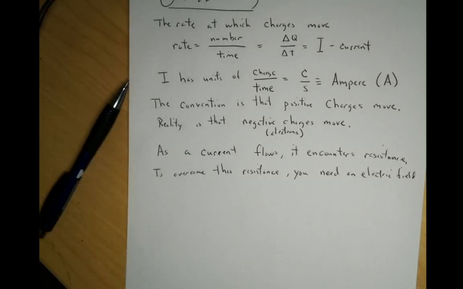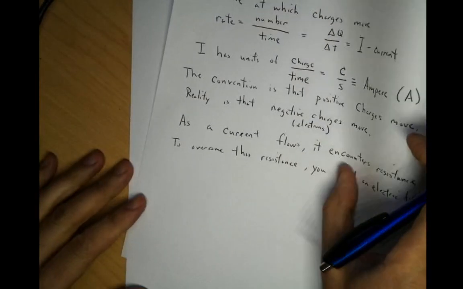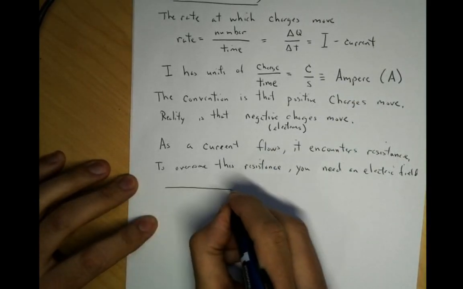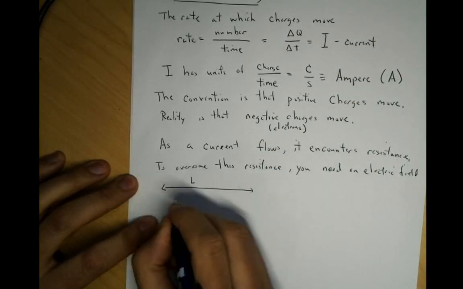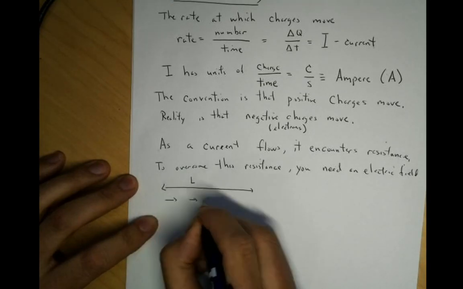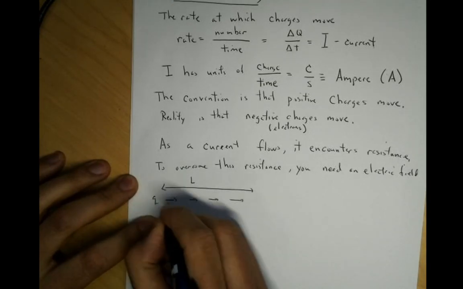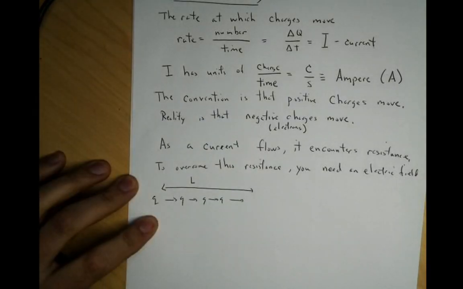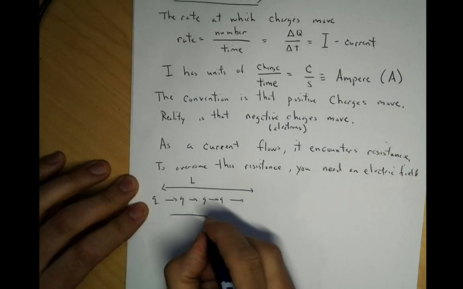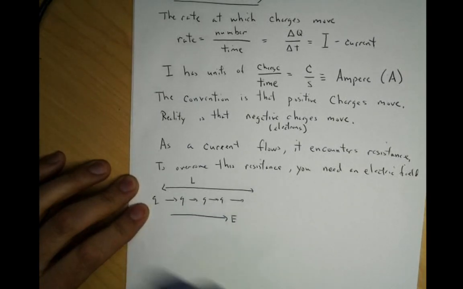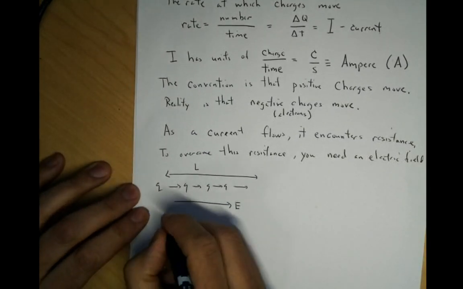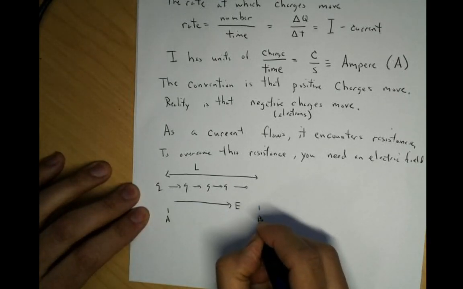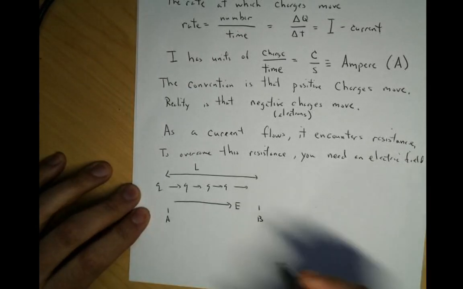Okay. So what that means is that suppose you try and move some current over some distance L. There's a current that needs to flow, and these are charges Q, Q, Q, Q. But there's some resistance, and so to do that, you have to maintain an electric field here. Between point A and point B, there's going to be some potential difference.